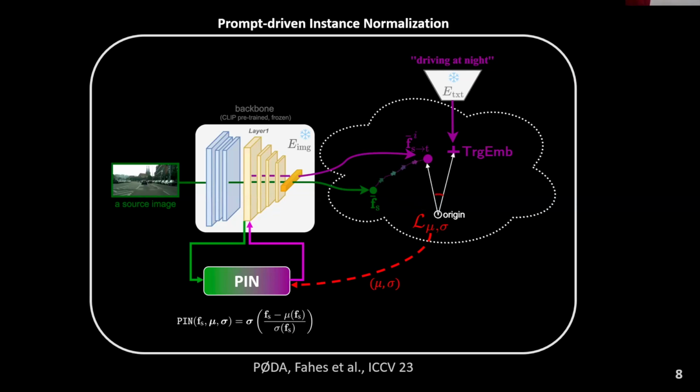In that case, we simply adjust the mu and sigma, so the mean and variance of the features channel-wise, for only a single layer in the CLIP encoder. So the optimization is actually very, very simple. It's almost trivial. And it's also very light, a couple of iterations.